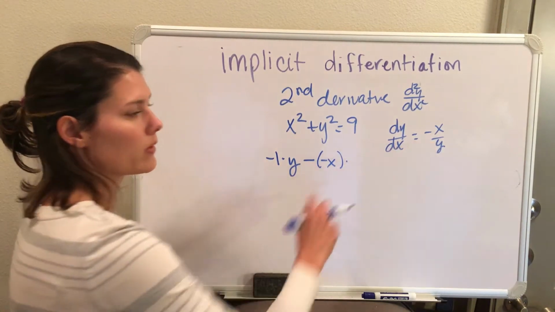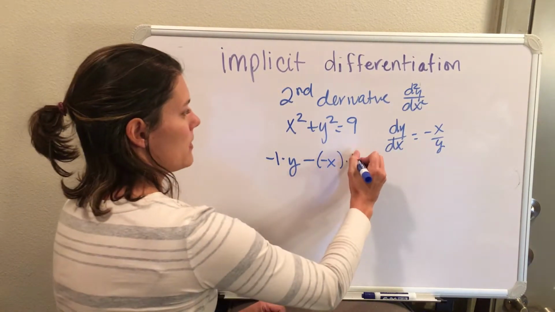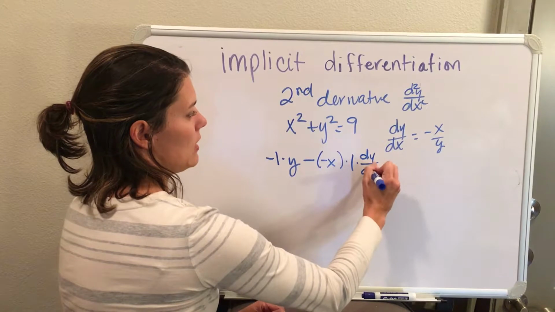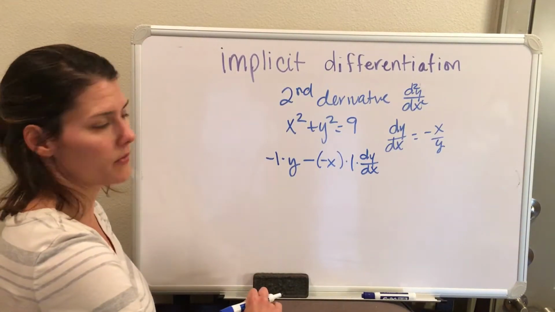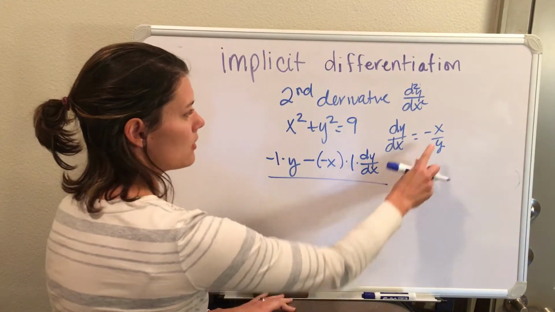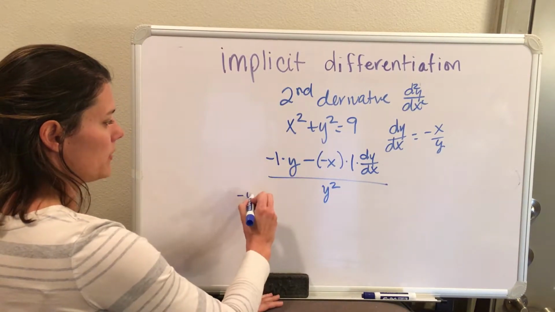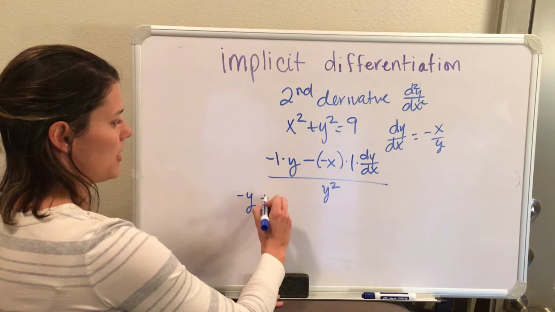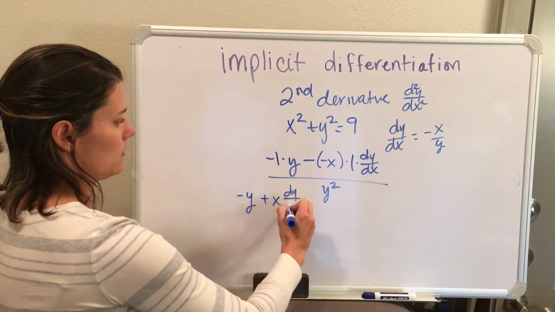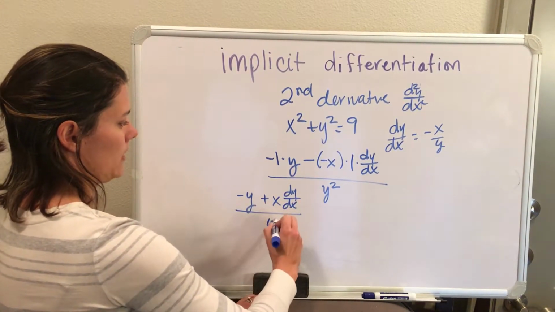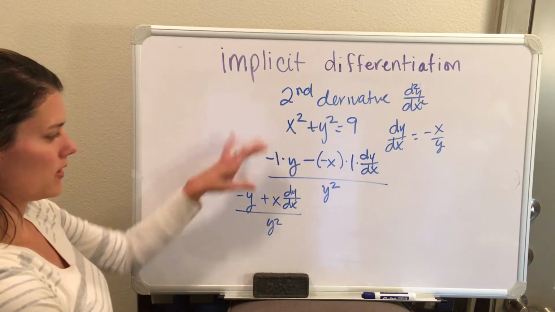And since I'm taking the derivative of a y term, again remember, you need to include that dy over dx with the derivative part. And this is all over y squared. You're going to want to clean this up a little bit. Negative and negative makes a positive. And so this is a pretty cleaned up version for this one.